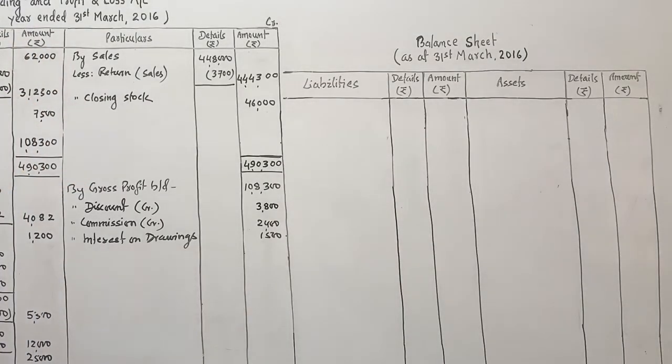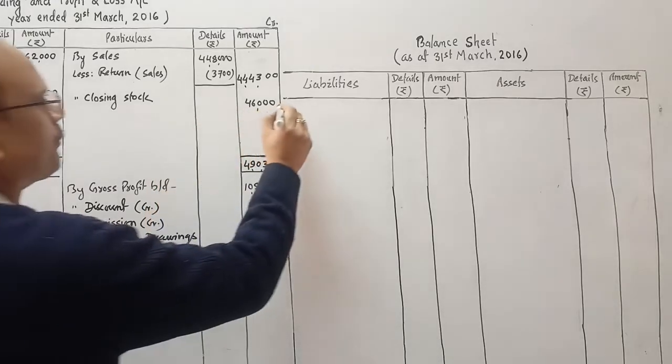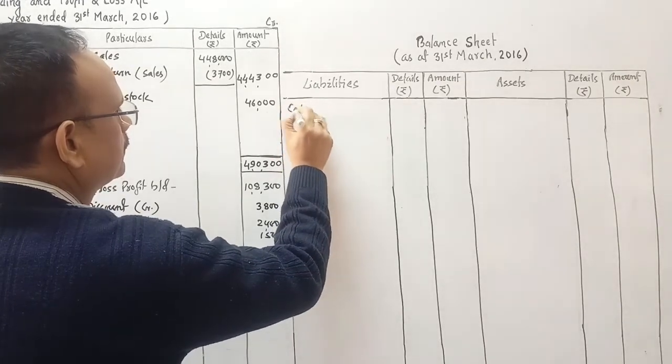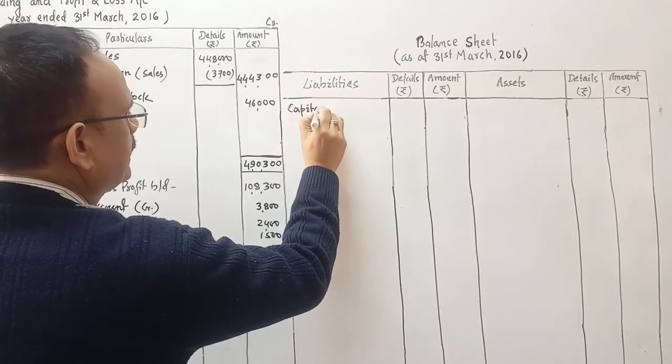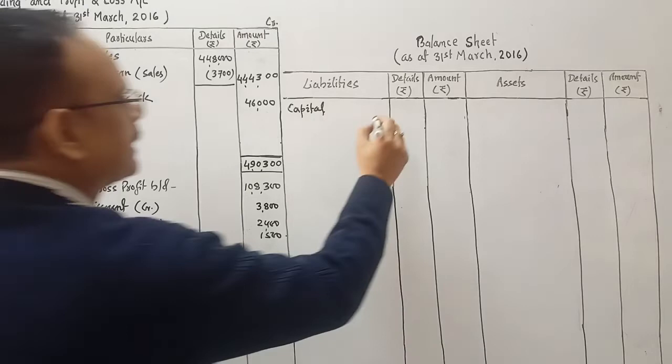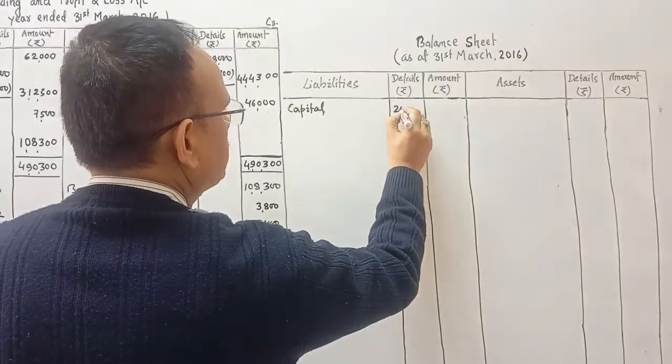Now come to the balance sheet. Liability side. First you write the amount of capital, which is given in the trial balance, 2 lakhs.